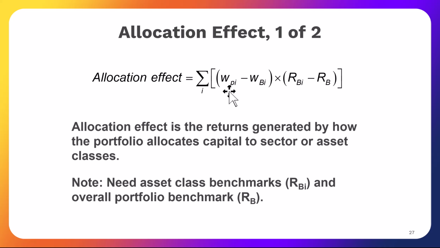Here's the proportion, the weight of our portfolio. This is the weight of the bogey. Multiply that by the return of the portfolio and the return of the bogey. So again, we need these benchmarks to understand relatively how we're choosing these weights.